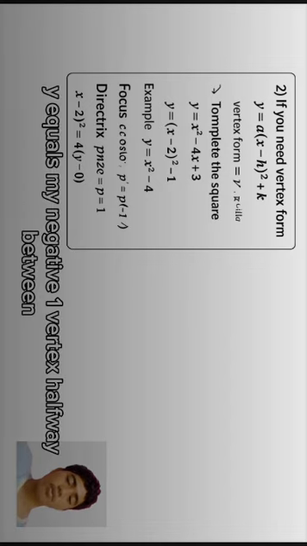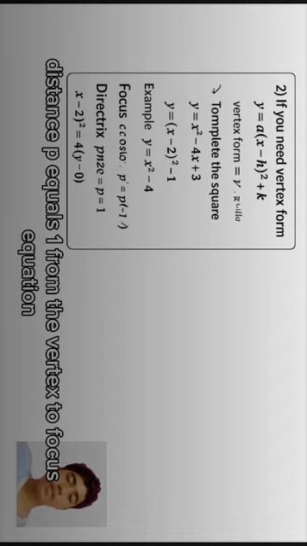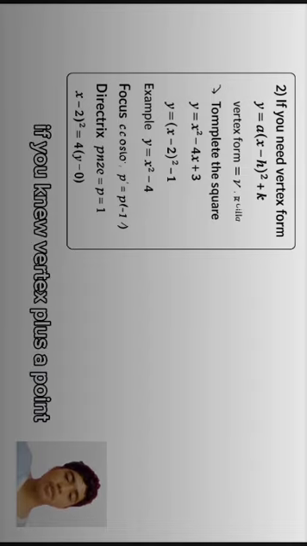Example: focus 2 and 1, directrix y equals negative 1. Vertex halfway between, which equals 2, 0. Distance p equals 1 from the vertex to the focus. Equation: x minus 2 squared equals 4 times y minus 0.